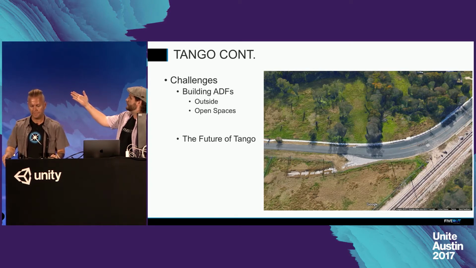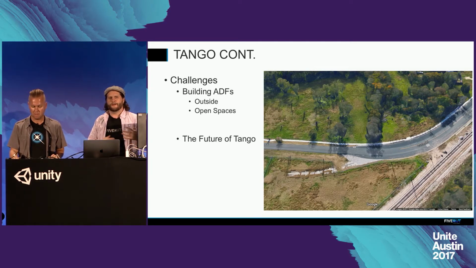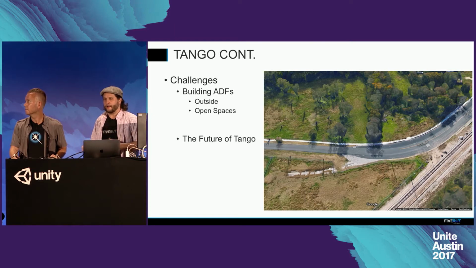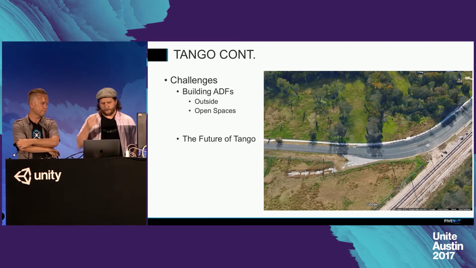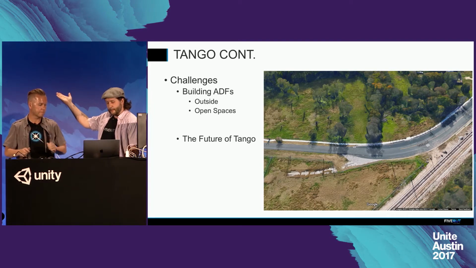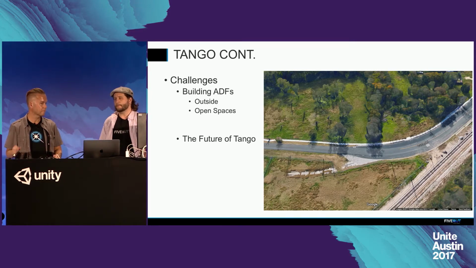There's an open field, there's a fence, there's a road. Tango doesn't do too well if there aren't many things to identify. Everything just looks relatively featureless. So how did we tackle some of these problems? And also, like I said, it's outside, so it's an infrared-rich light environment, so some of the sensors weren't going to operate as well.